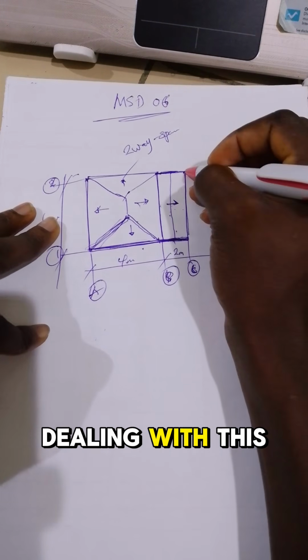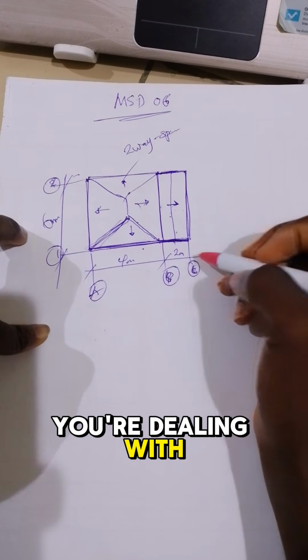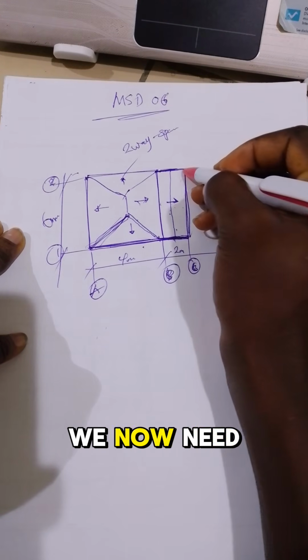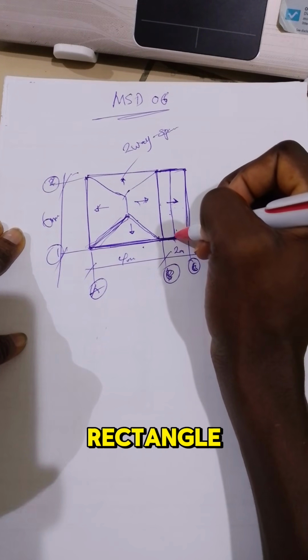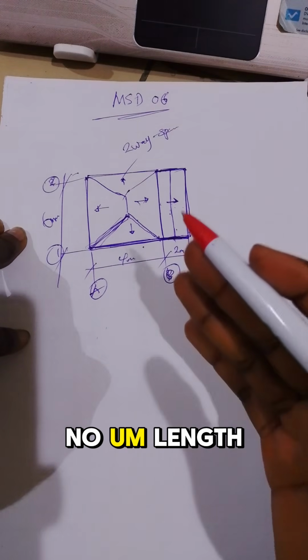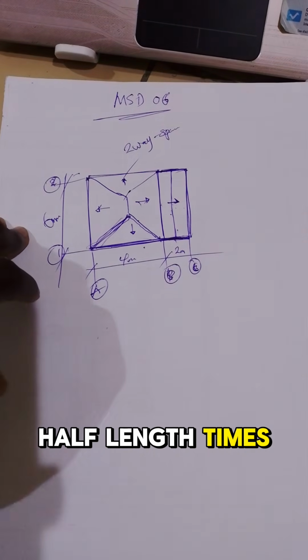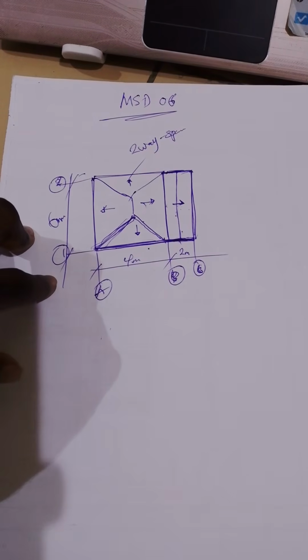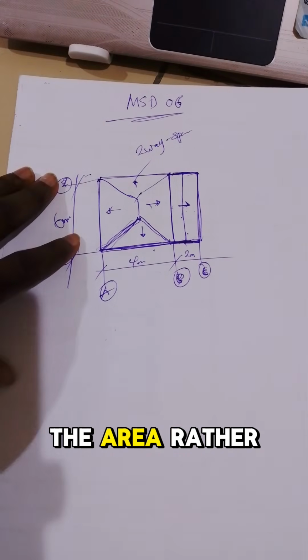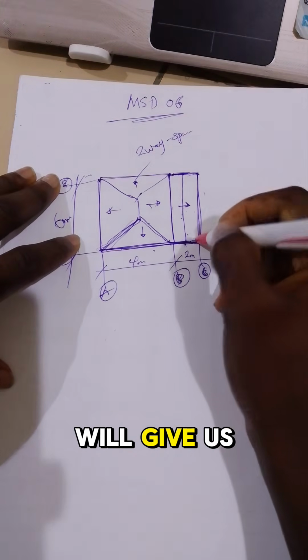But if you are dealing with this axis, you are dealing with beam C1 to 2, we now need to get the area of a rectangle, which is half base times height. No, length, half length times breadth, right? Length times breadth will give us the area, rather. Length times breadth will give us the area.